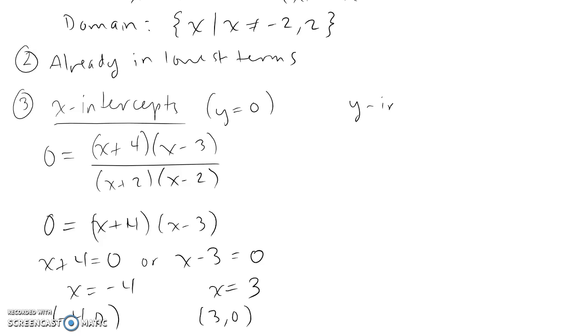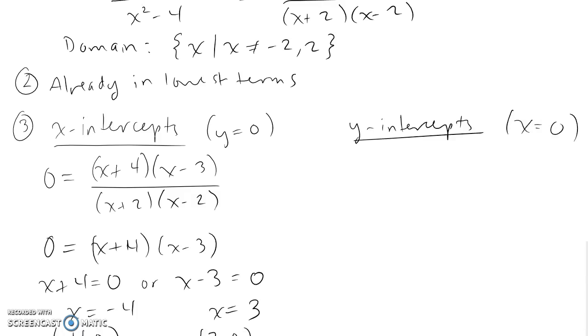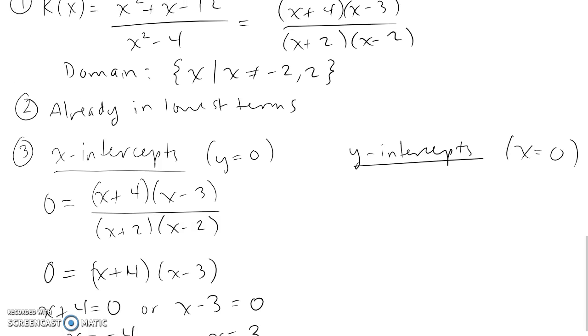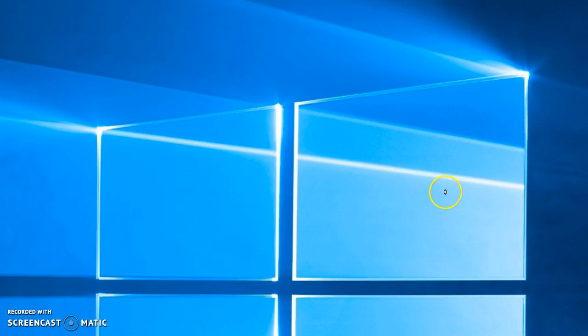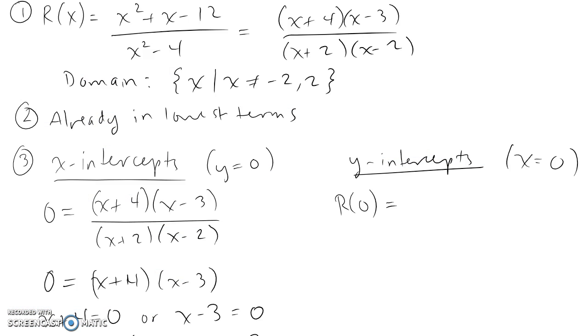Now we also want to find our y-intercept. And of course that happens where x is equal to 0. Now you can plug 0 into the factored form, but it's actually a little bit easier if you go back to the original form that's not factored.